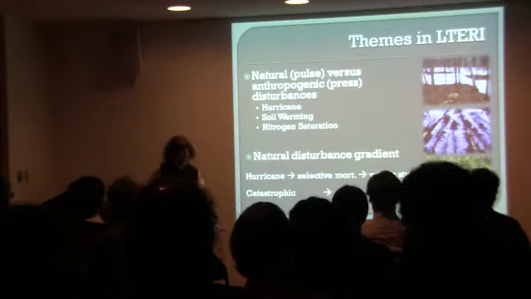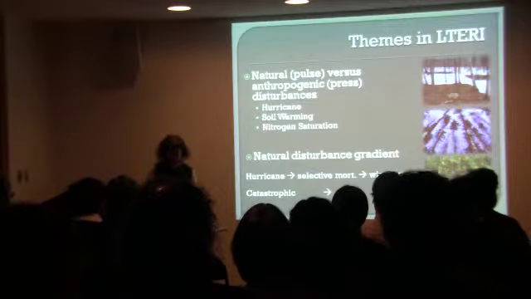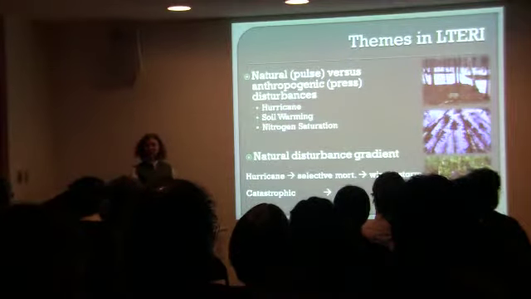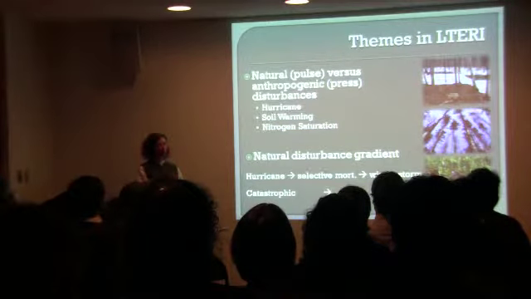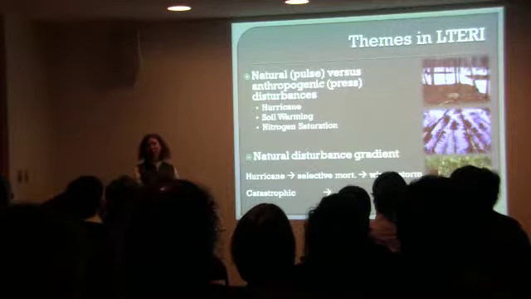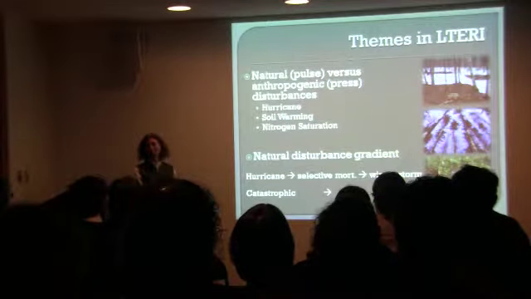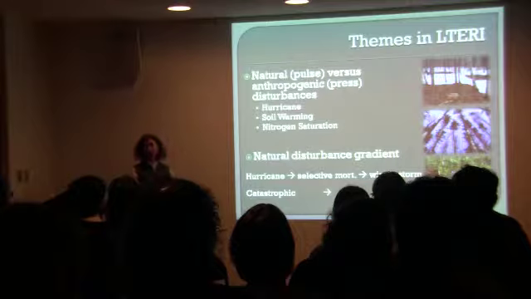And we've done a lot of work contrasting those three, and one of the key early results was that in terms of major carbon and nitrogen cycling, we saw very little or no response in the natural hurricane disturbance relative to the warming and nitrogen addition plots.